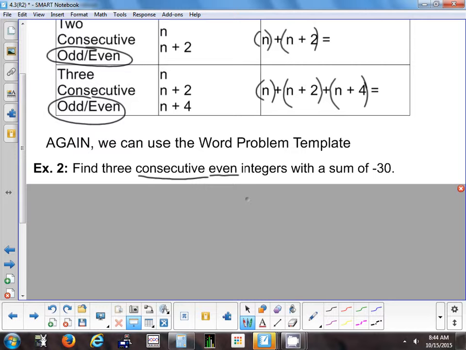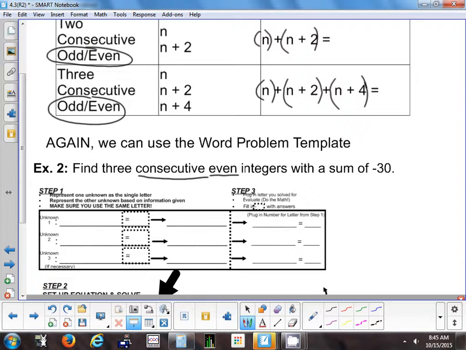When we add them all up, they're going to add up to -30. So our unknowns, what do we call them? We call them the same thing in every problem we do today. First, second, third. Those are my 3 unknowns.